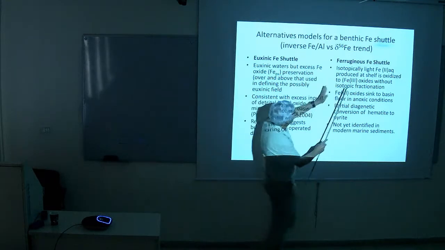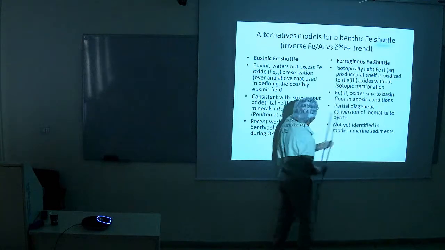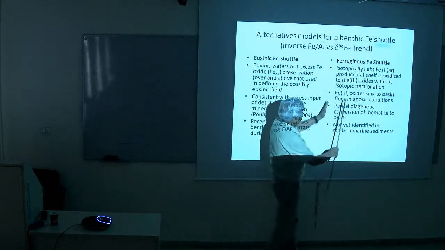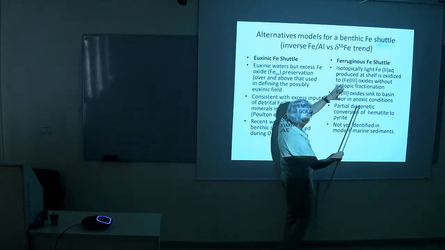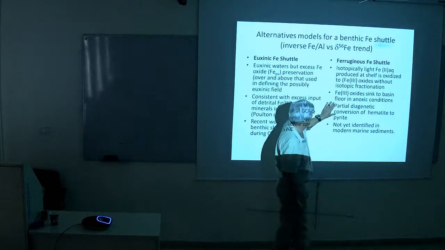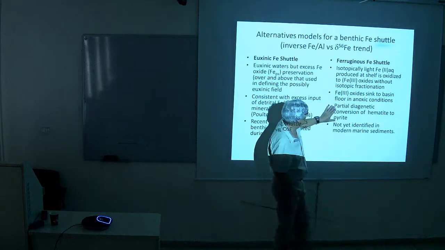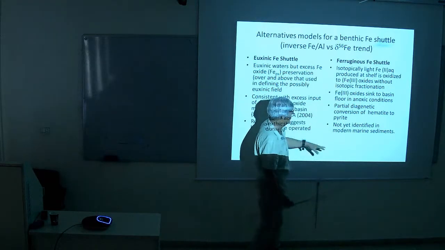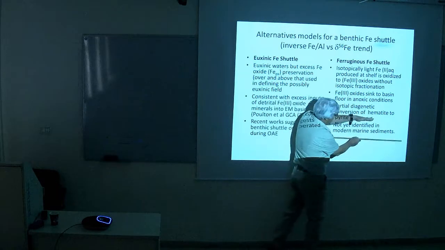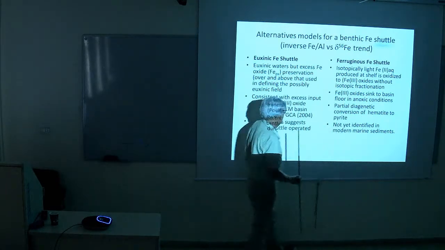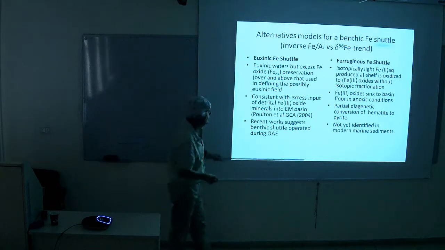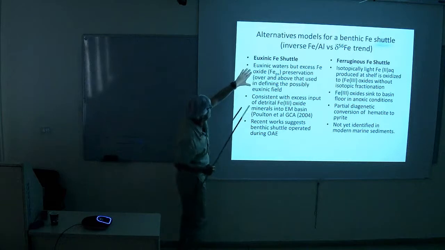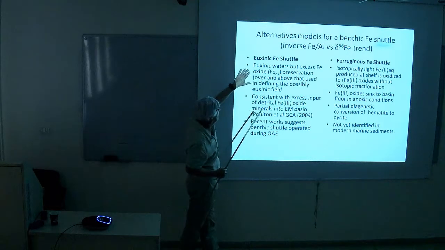With the ferruginous shuttle, you have to shuttle isotopically light iron down into the basin, it forms as iron oxides, they sink to the bottom, they undergo partial conversion from hematite to pyrite, giving you your mineralogy and all your isotopes. The major argument against it is no one has seen anything like that today in the modern oceans. Whereas the euxinic shuttle makes a lot of sense.